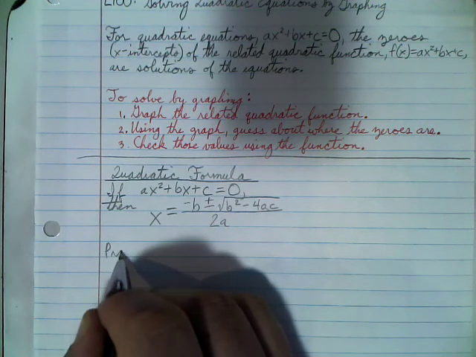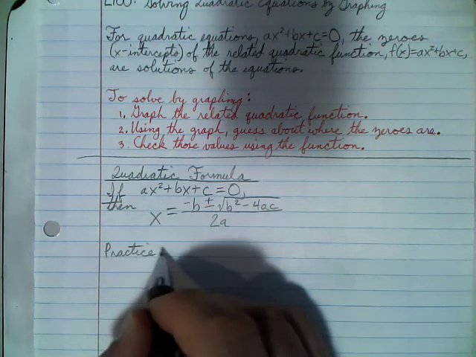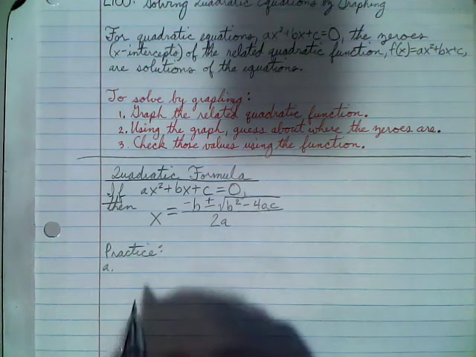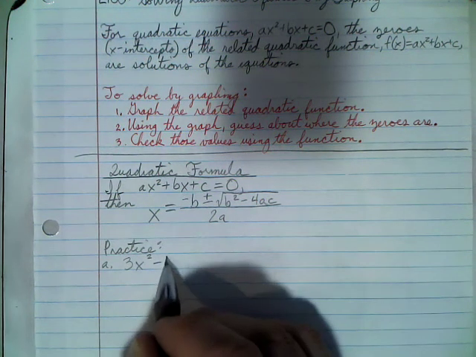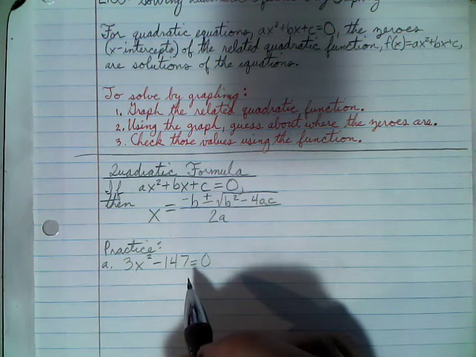And this is what we're going to use to actually solve a. So A says 3x squared minus 147 equals 0.